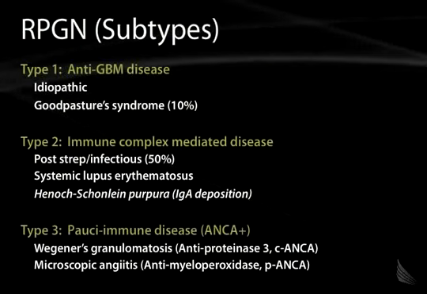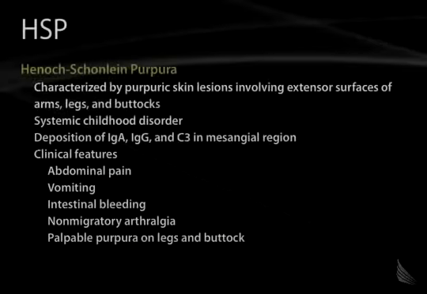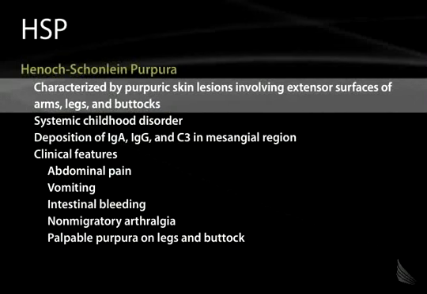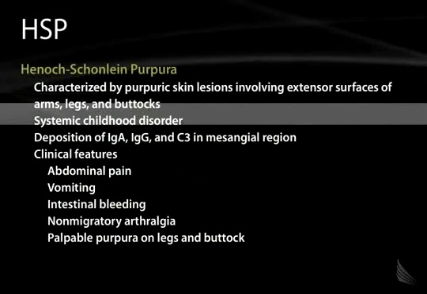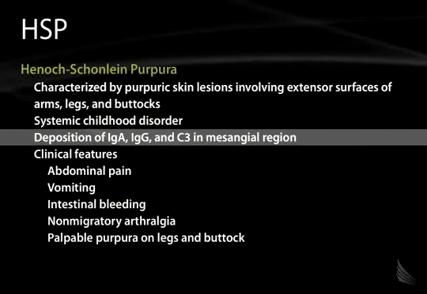Another type of immune complex mediated RPGN is what we call Henoch-Schönlein purpura. This is characterized by purpuric skin lesions, which involve the extensor surfaces of the arms, legs, and the buttocks most typically. This usually occurs in childhood, and it's caused by deposition of IgA, IgG, and C3 complement protein in the mesangial region.